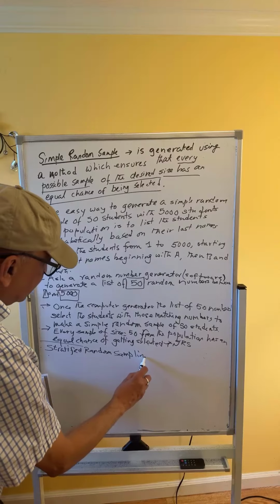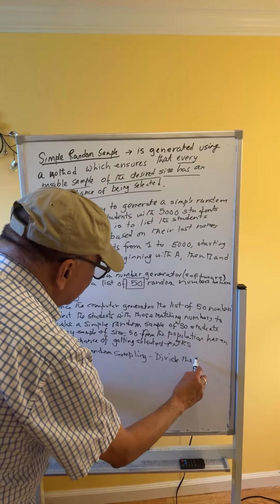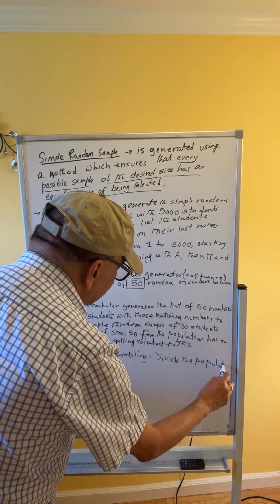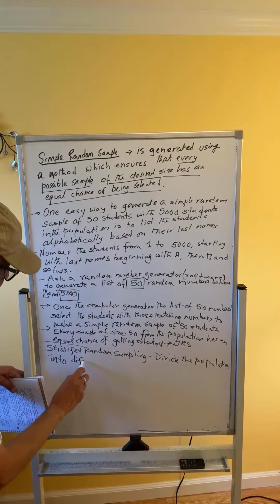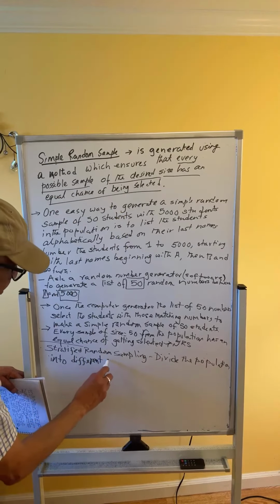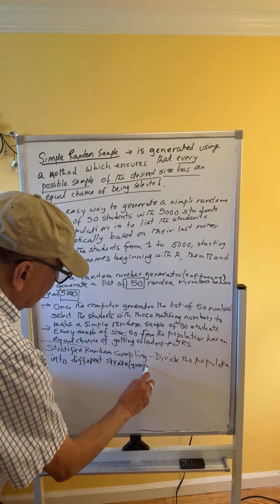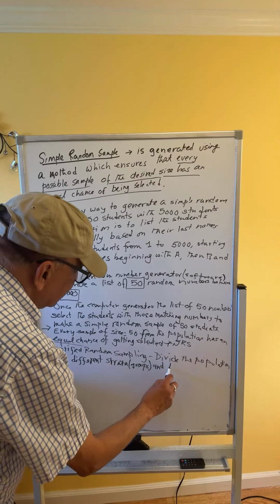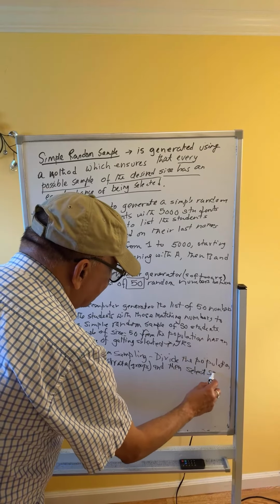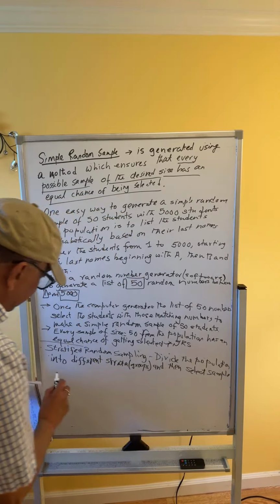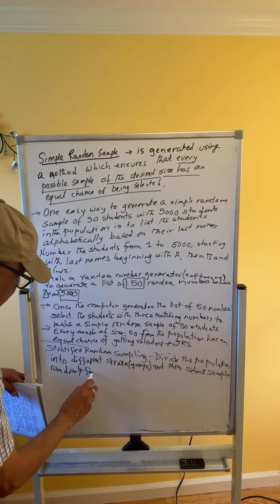Divide the population into different strata, meaning groups, and then select a sample randomly from each strata.